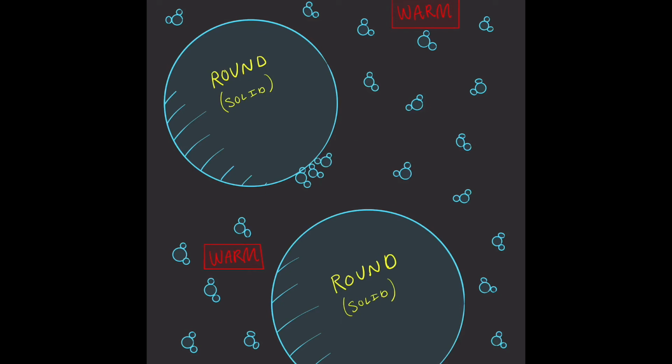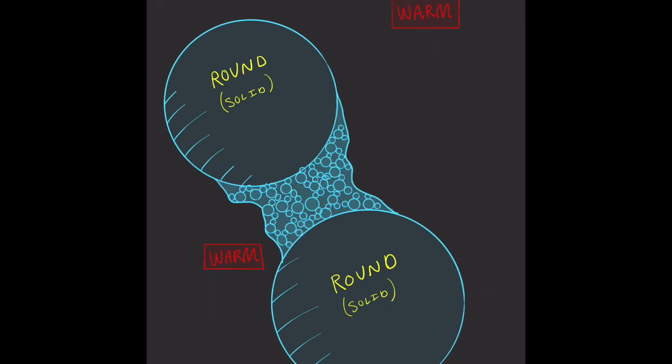And as more and more water vapor moves between these rounds, eventually what happens is a bridge of solid water is formed between these two individual grains in a process called sintering. And it makes sense why this process would contribute to the cohesive nature of rounds and ultimately contribute to stability if the entire snowpack is built of grains that are linked together.